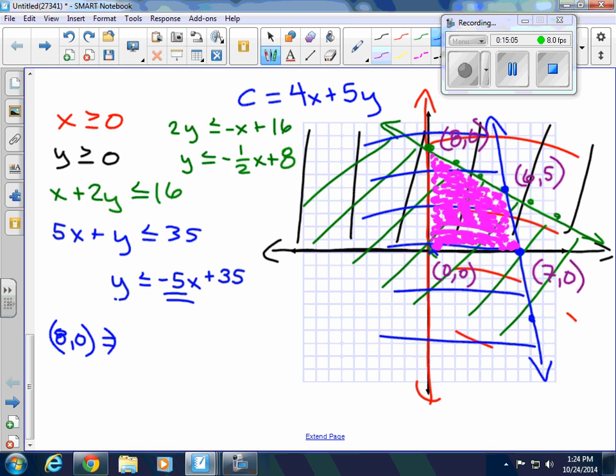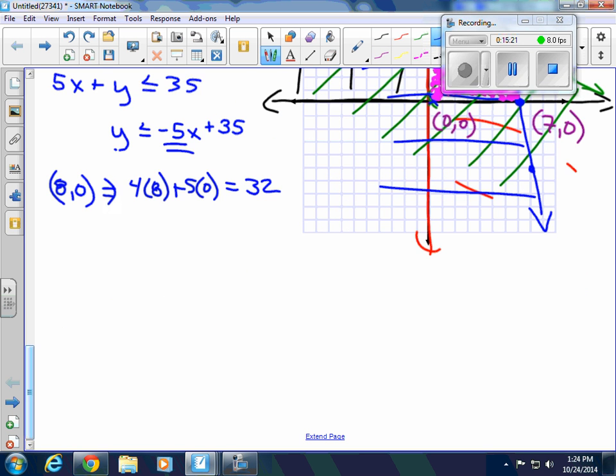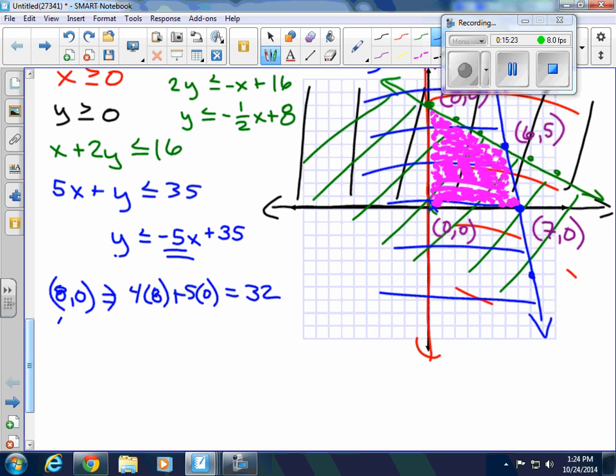If I put that in, 4 times 8 is 32. So this is going to be 32. If we put in 6, 5, we'll just keep going right around down here. So 4 times 6, plus 5 times 5.